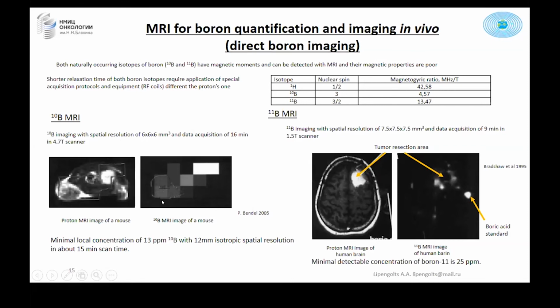On the left there is a proton MRI image, and on the right the corresponding map of boron content. You cannot visualize any anatomical structures with boron, but for the purpose of absorbed dose evaluation, that is quite enough. This particular study revealed no significant accumulation in the tumor, but you can see quite a beautiful signal from the bladder.